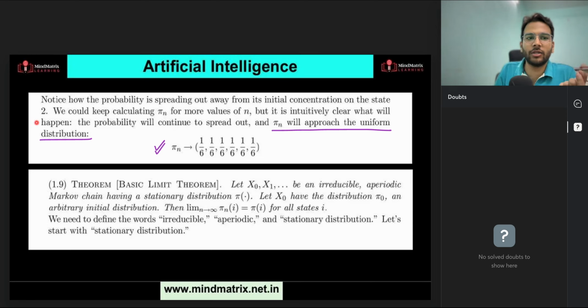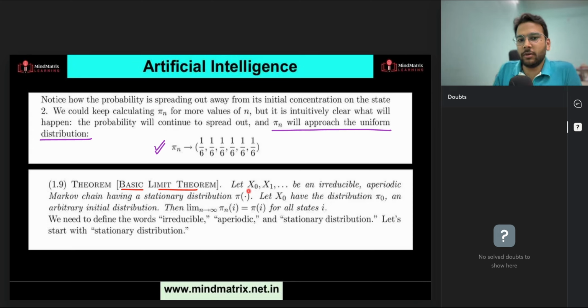And this is what this particular theorem says, the basic limit theorem. Again, I'm telling you, these theorems are not important for you, but they are important in the context of understanding the Markov chain. It's not like everything that I'm covering is very important, but it will give you in-depth clarity of what we are studying and why we are studying. Okay, I hope you understand this.